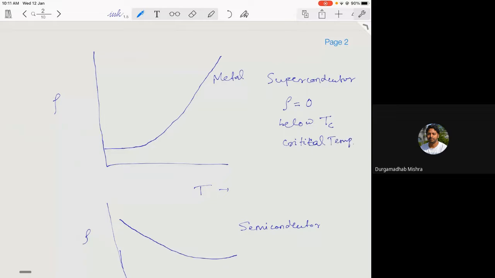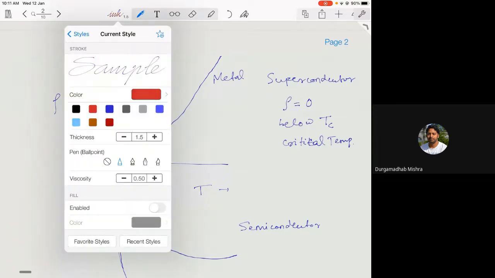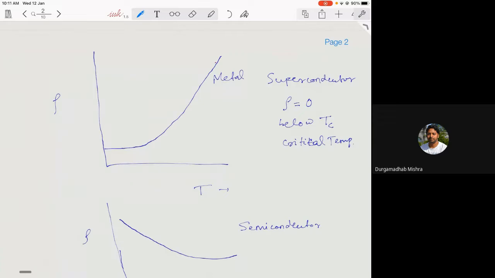So below Tc, the resistivity of a superconducting material will vanish, and normally it is represented by, so we can plot it here as well. Okay.